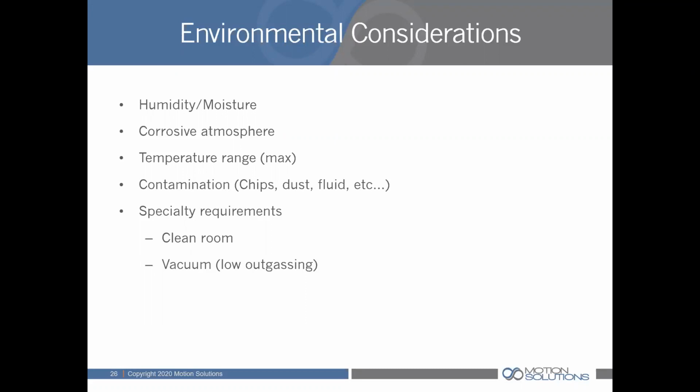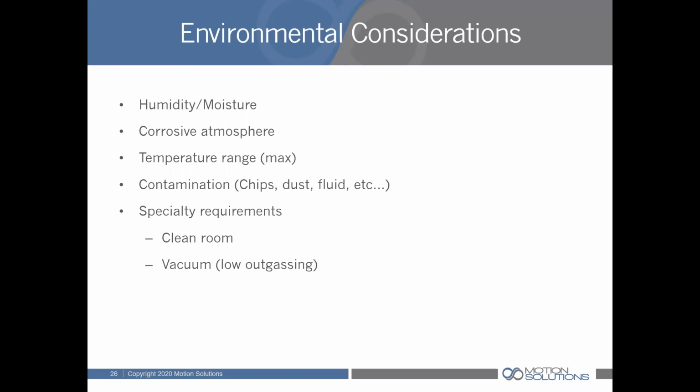So it's good, but not fantastic, in moisture and humid applications. The temperature range: not a lot of medical applications have high temperatures, but most of these bearings are available with metal end caps, and that would allow you to go over 100 degrees C if you have a wide temperature range.